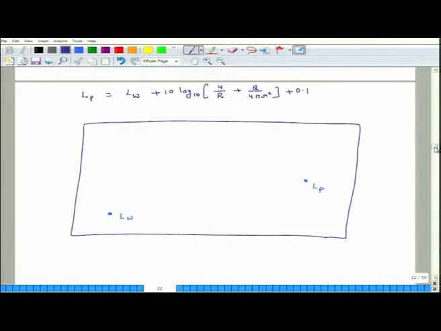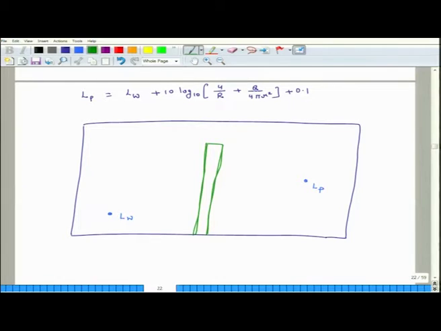Once the barrier is introduced, think about it, what happens? Suppose I introduce a barrier here, what I have effectively done is that I have introduced two more reflecting surfaces. This is the first reflecting surface, right.